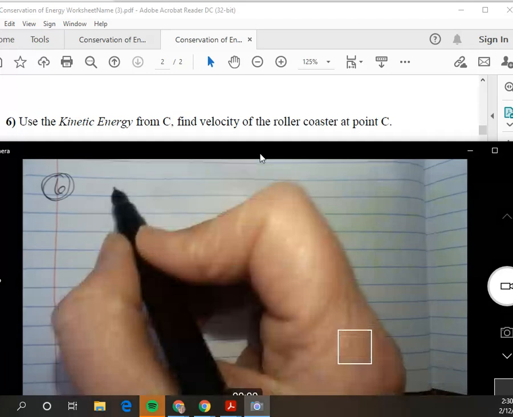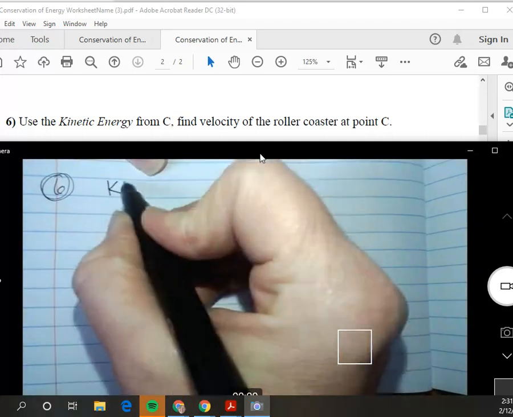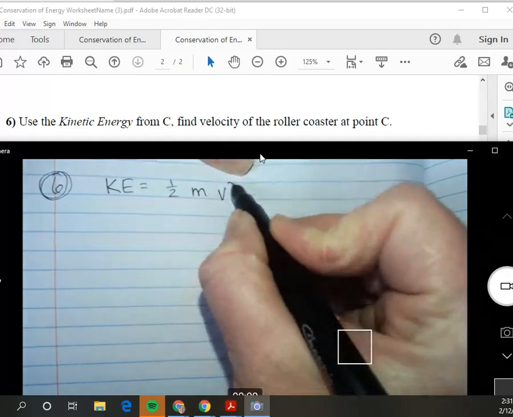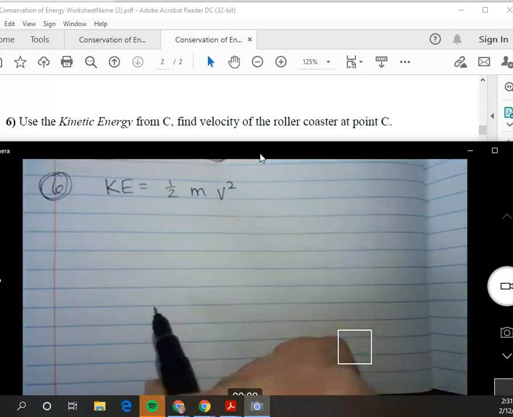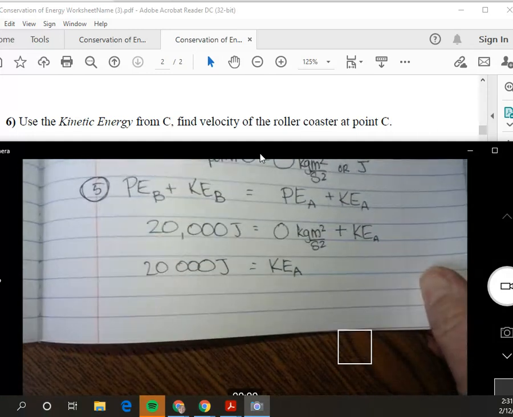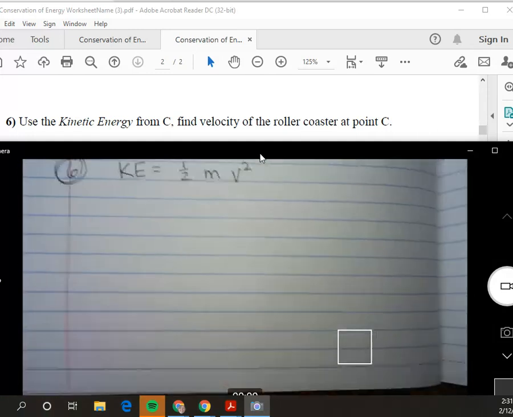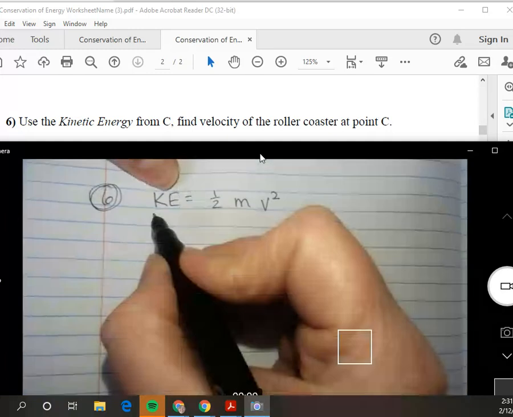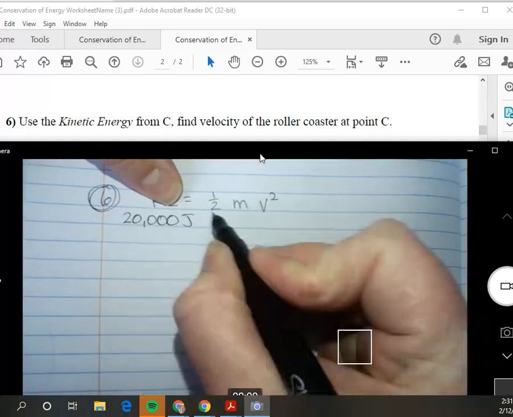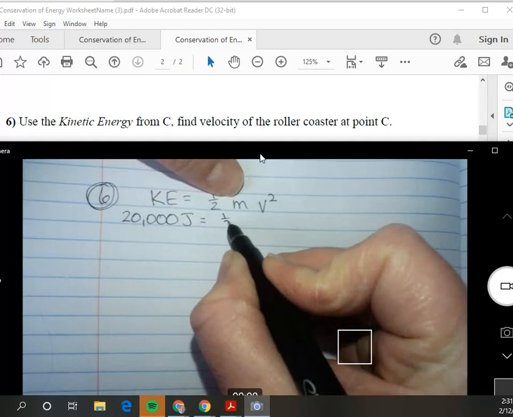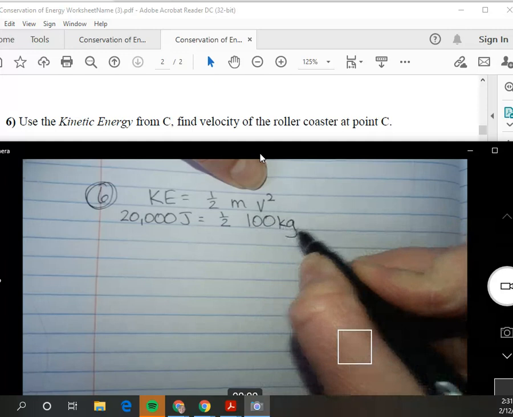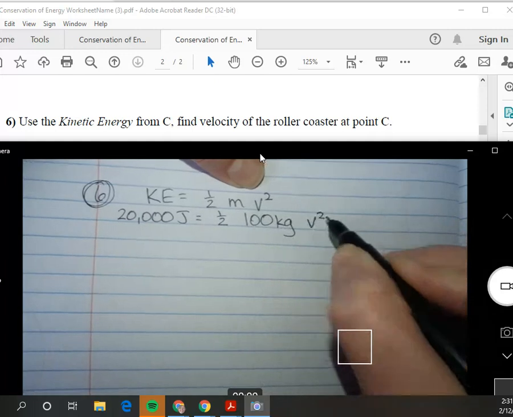So we know that we're going to use the kinetic energy formula, 1/2 mass times velocity squared. If we look back at 5, we had 20,000 joules. So our KE is 20,000 joules. We have the same roller coaster car because nobody got off the roller coaster. And we don't know the velocity.